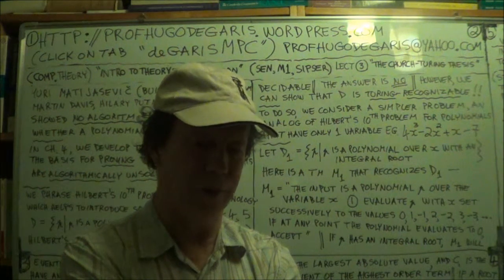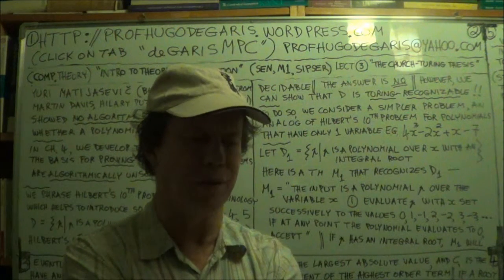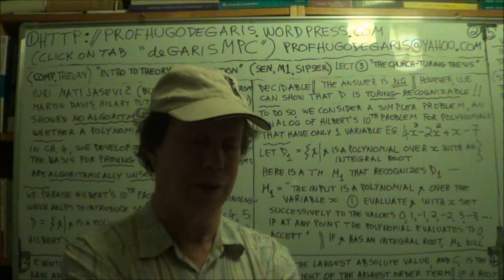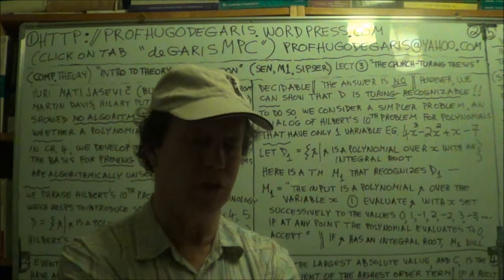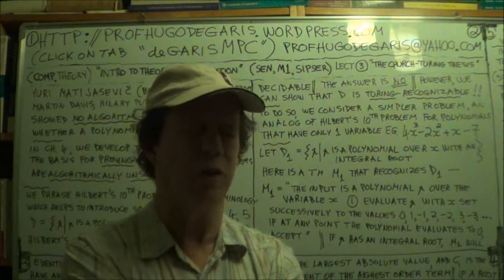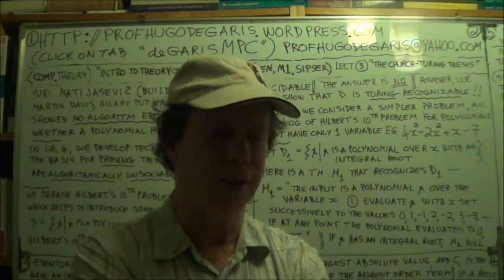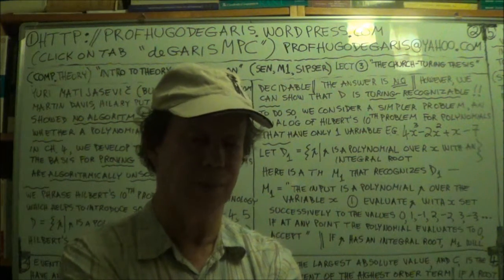So if you can show then, and this is my interpretation now, that there is no Turing machine, that there's no decider, right? So there's no Turing machine that will halt. In other words, it will either accept or reject for all strings.